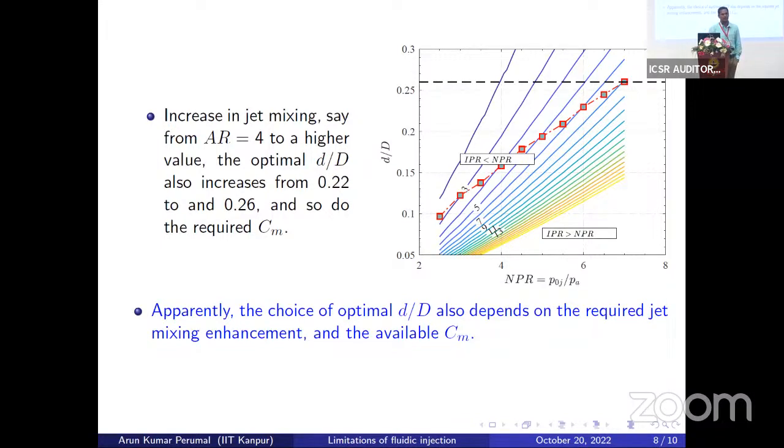So if I want to design any fluidic injection for some application, I need to look at the maximum operating conditions and the maximum benefits I want. If these can be decided, then one can predict the optimal conditions. But the catch here is that an injection diameter of 0.26 is a pretty large number. So these are the preliminary investigations that we have carried out.